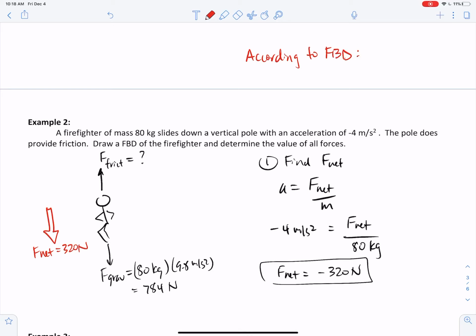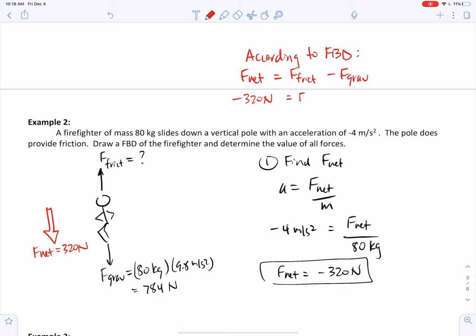According to the free body diagram, the net force will be equal to the force of friction minus the force of gravity, right? Force of friction is up, gravity is down. So the net force is -320 newtons.